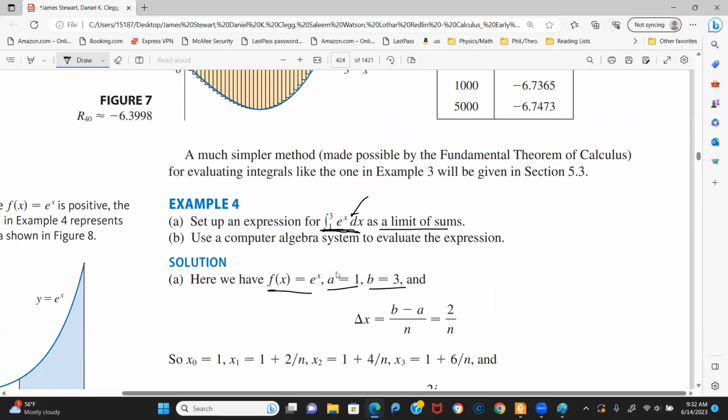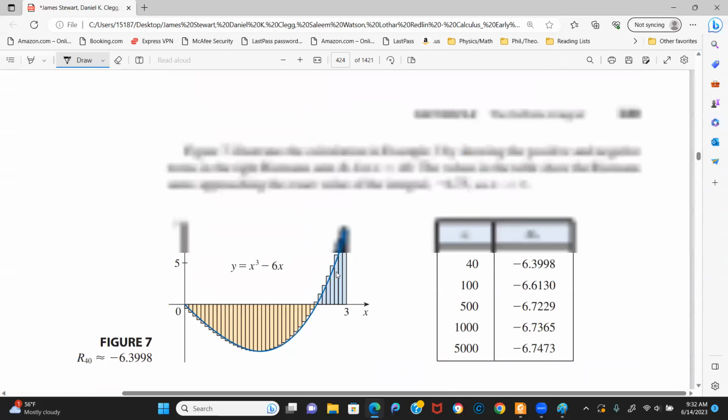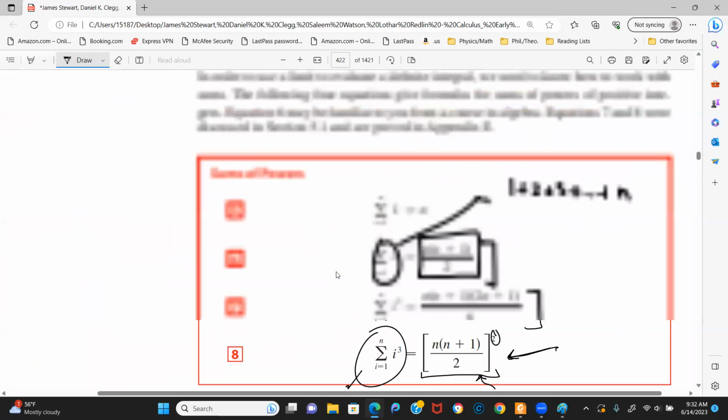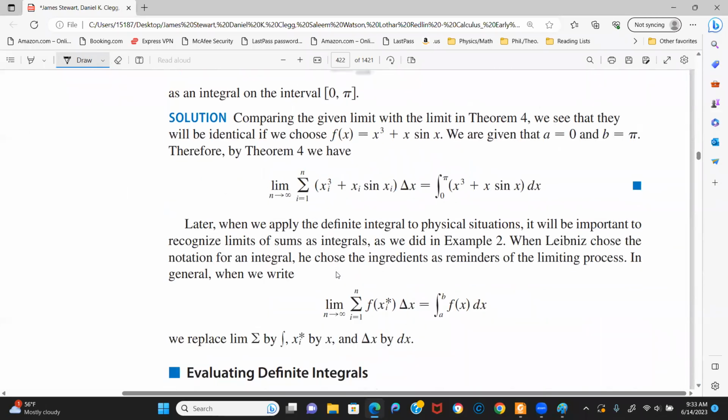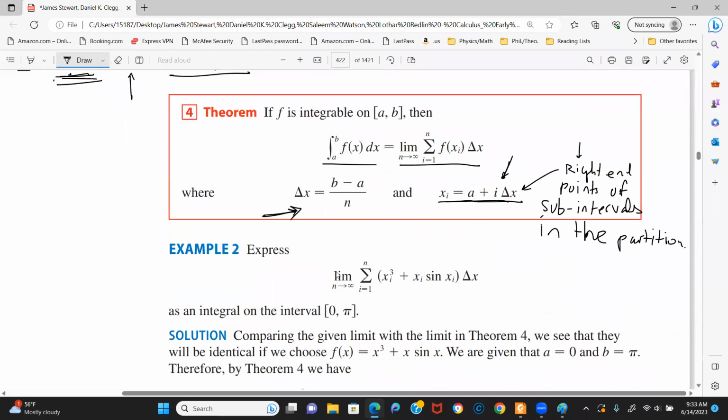You have a is 1, b is 3. So that means we can use theorem 4 to calculate this integral, which was about computing it via this limit using right endpoints, not just any sample points. And then the subintervals will have this width right here.